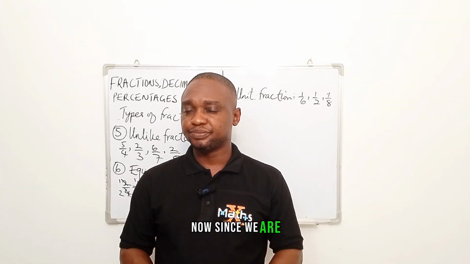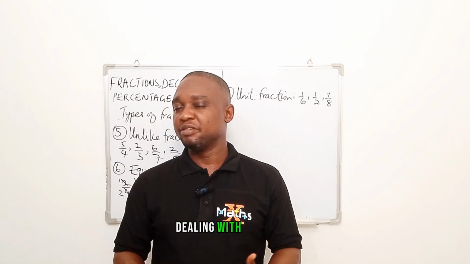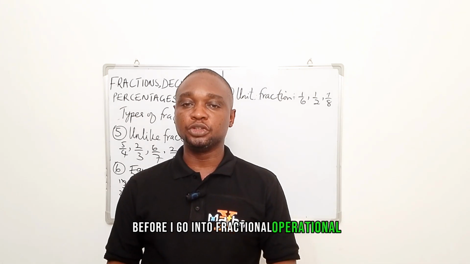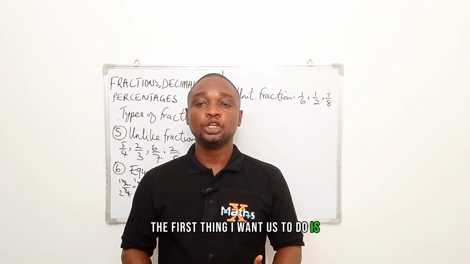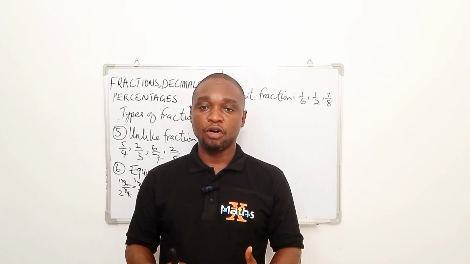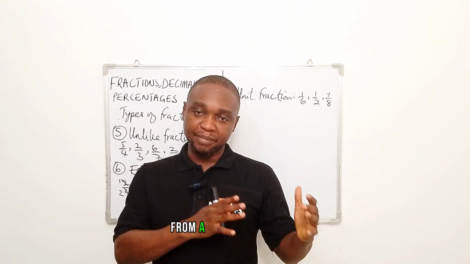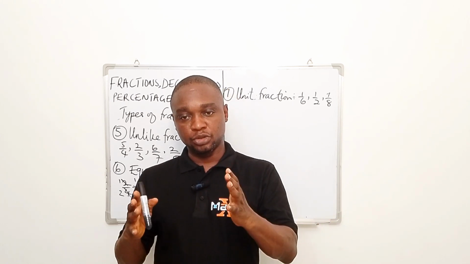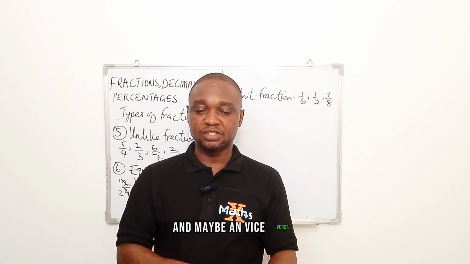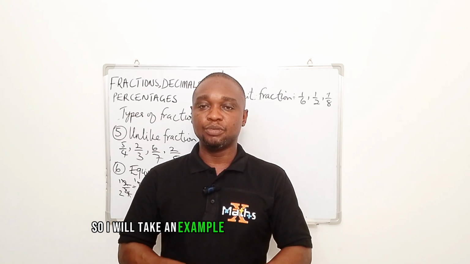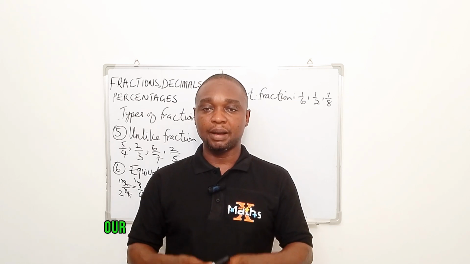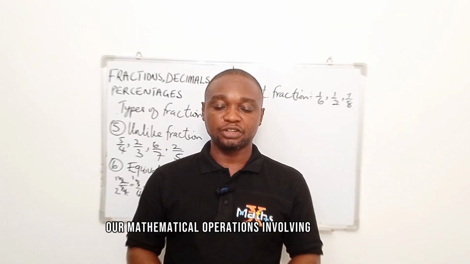Now, since we are dealing with fractions, before I go into fractional operations, the first thing I want us to do is to show you, my dear student, how to convert a fraction from a mixed fraction to an improper fraction, and vice versa. So I will take an example before we get into our mathematical operations involving fractions.